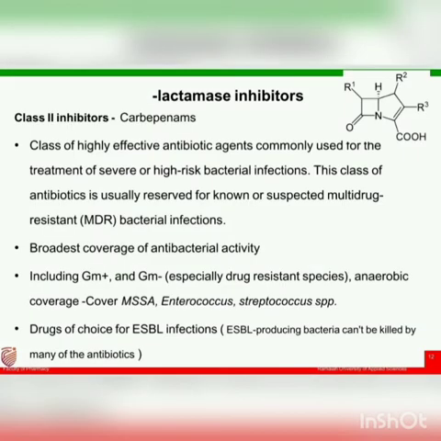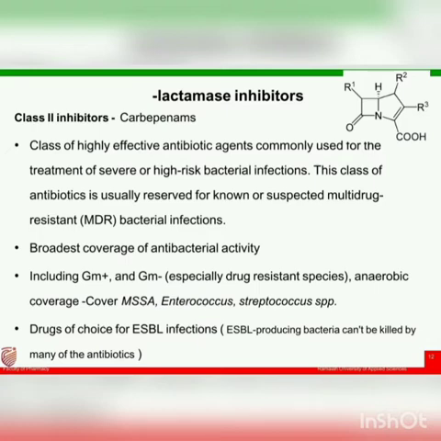Now we will see the class 2 inhibitors, which is carbapenem, a class of highly effective antibiotic agents commonly used for the treatment of severe or high risk bacterial infection. This class of antibiotic is usually reserved for known or suspected multi-drug resistant bacterial infection.